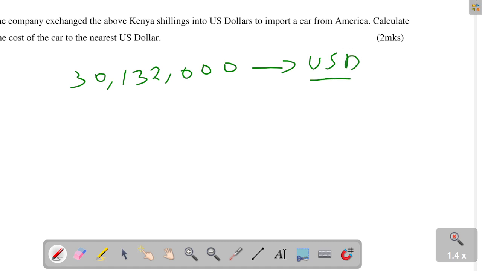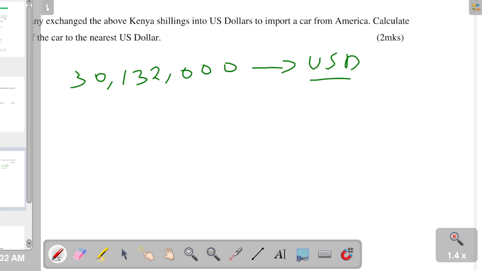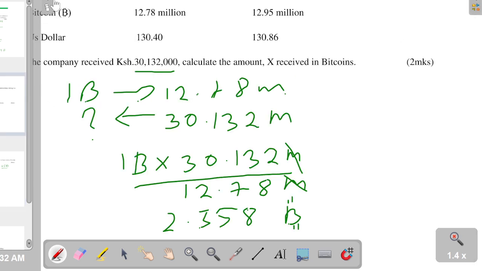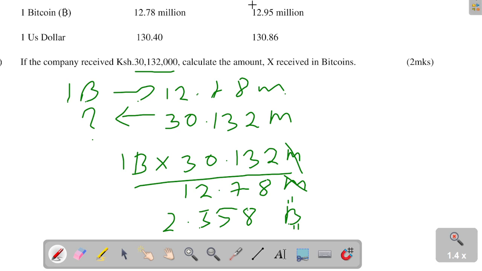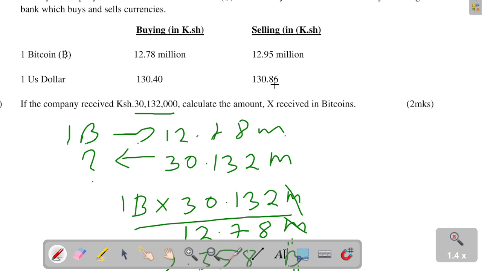So class here, I have already told you that when converting the currency of a country to a foreign currency, what the bank does is simply to sell that currency. If you have a foreign currency, you go to a given country, the bank buys. But if you have the currency of that country and you want a foreign currency, what the bank does is to sell.